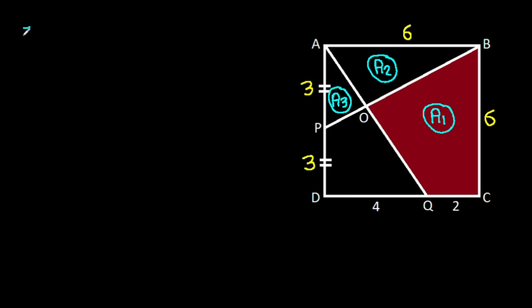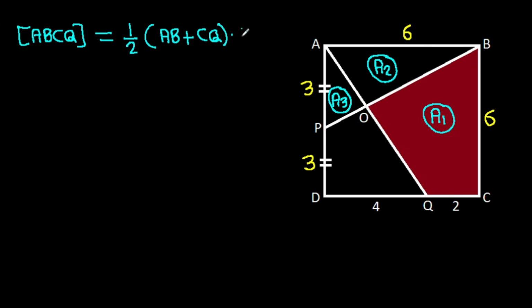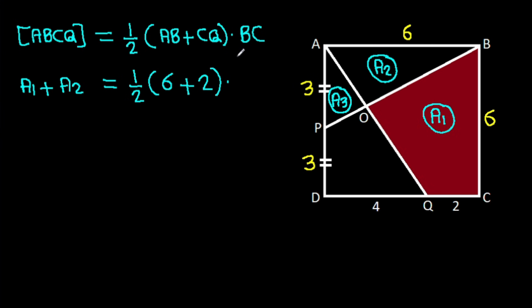Then area of ABCQ will be 1 over 2 times (AB plus CQ) times height BC, and it is A1 plus A2, equal to 1 over 2 times (AB is 6 plus CQ is 2) times BC is 6, and 2 times 3 is 6.